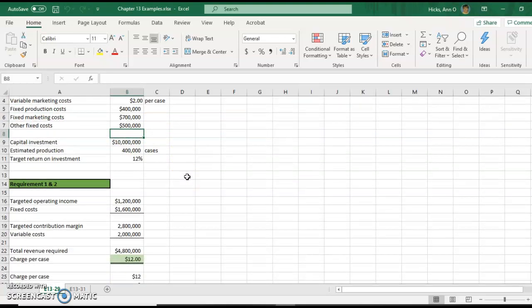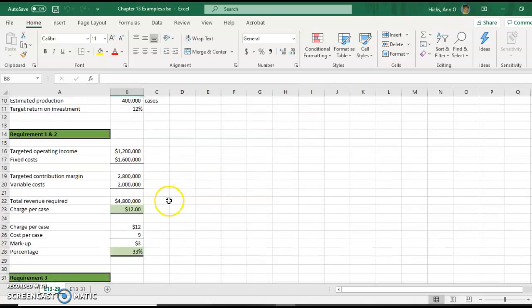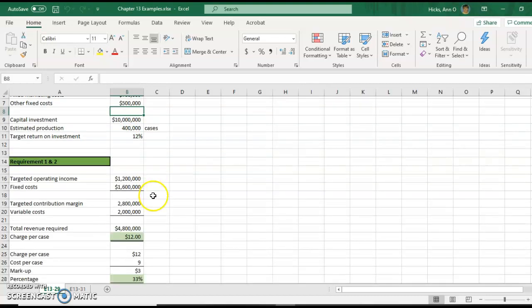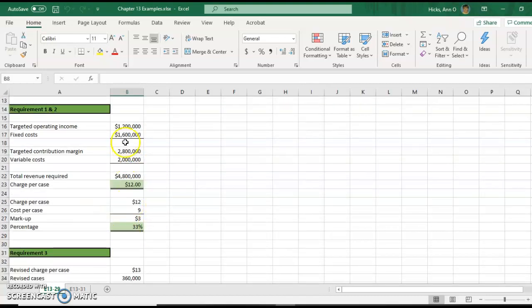In the first two requirements, they want us to A, calculate the operating income, and then B, come up with what price we should be charging based on the fact that we require a target return on investment of 12%, and then come up with a markup percentage.